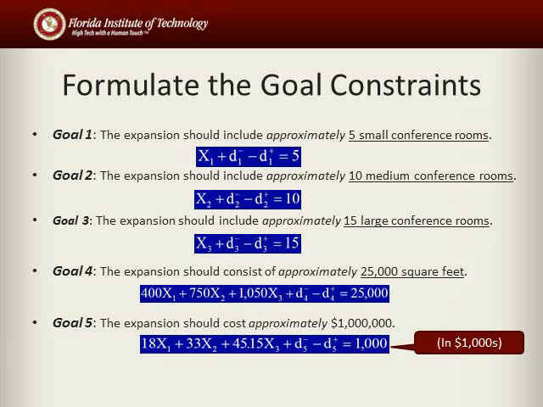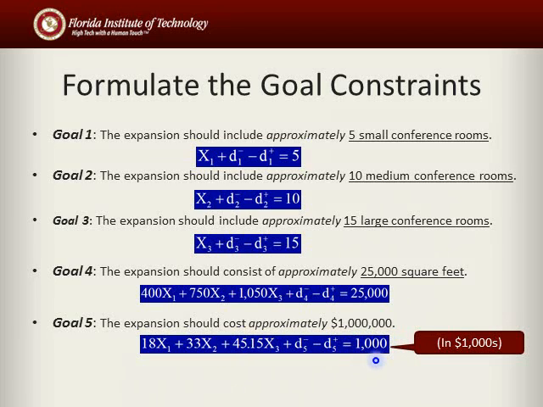The 5th goal is related to cost. The expansion should cost approximately $1 million, and this is given in thousands. Each small conference room costs $18,000, so that's why it's 18x1 plus 33x2. Each medium-sized room costs $33,000, plus 45.15x3, plus any deviation from our target value, which is $1 million.